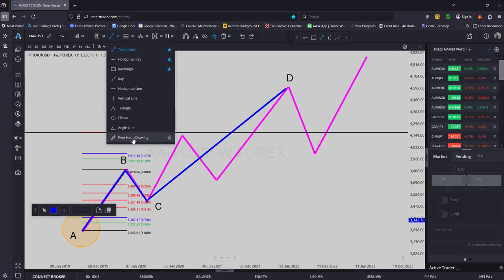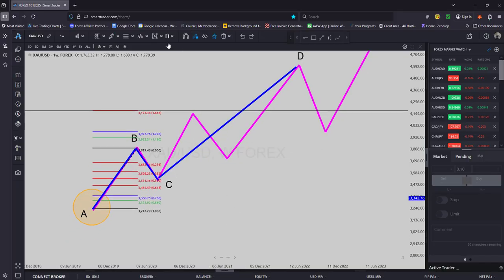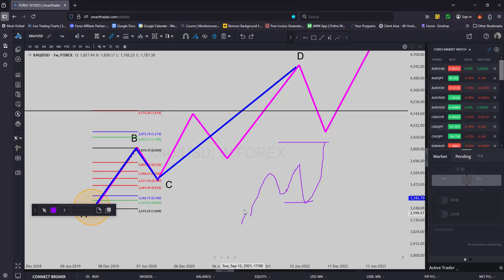It'll form an A and a B. It'll come down here. And if this is your D up here, the market could come up here, not hit the D, come back deeper into the level, and then go up to hit the D.